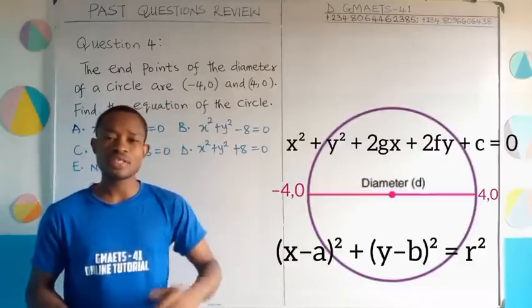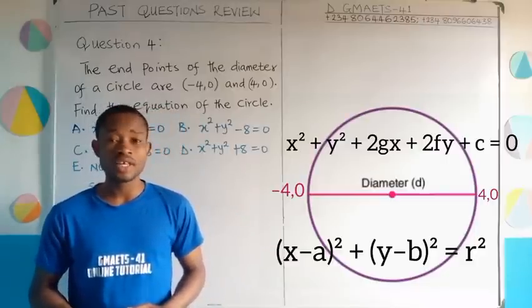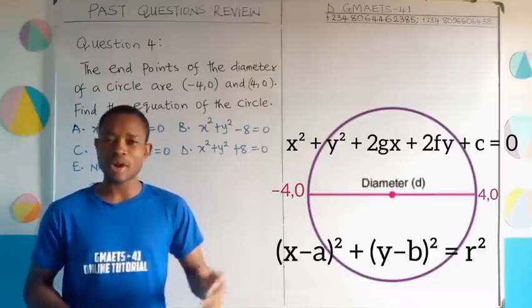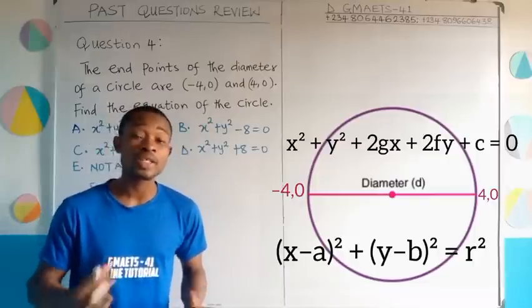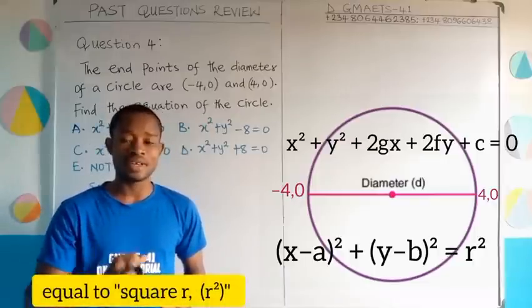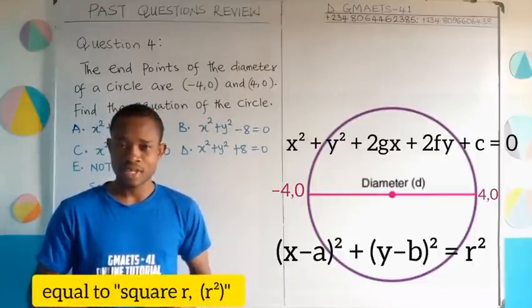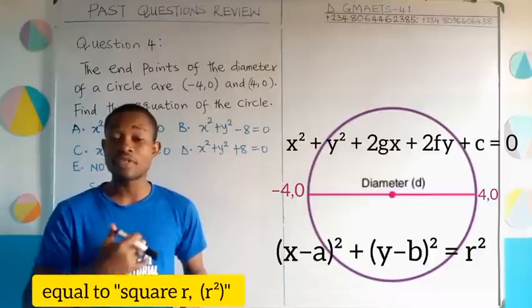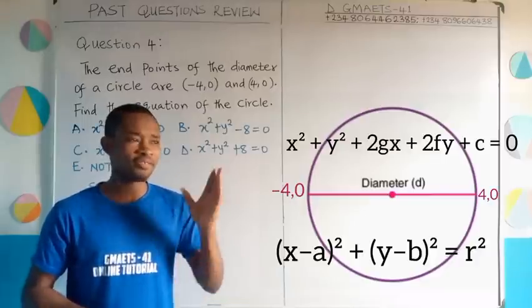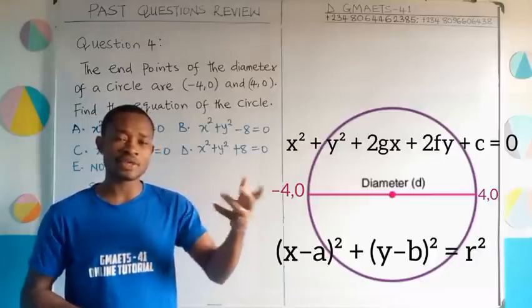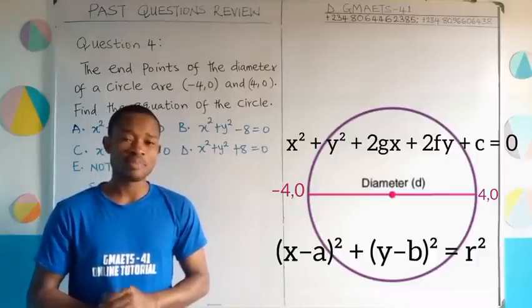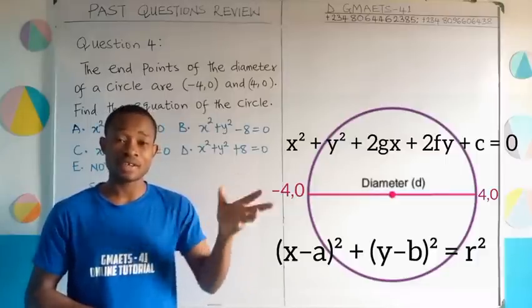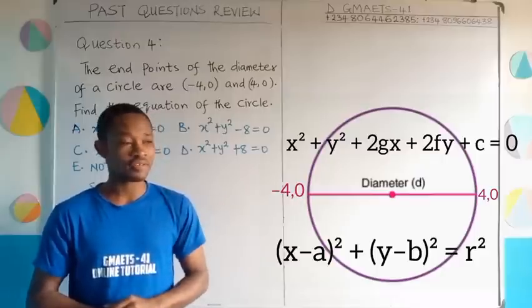And the second one, we'll call it the standard equation of a circle, x minus a in bracket all squared plus y minus b in bracket all squared equal to r, where r is the radius of the circle. So we can use any one of the 2 to solve this problem. In the first one, the g and f there are used to obtain the center of the circle, where the center of the circle is simply minus g, minus f. That is the coordinate of the center of the circle.